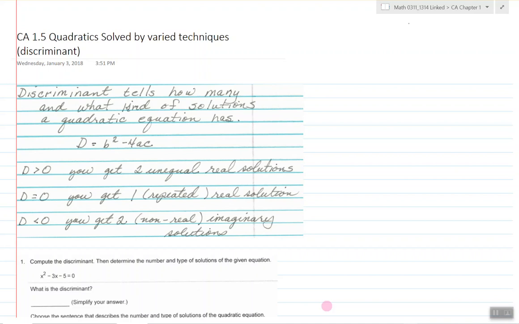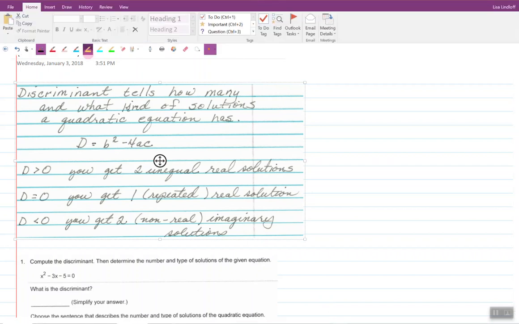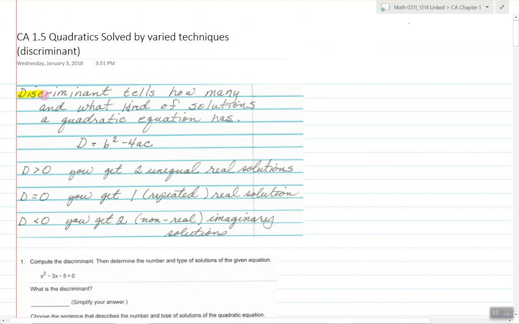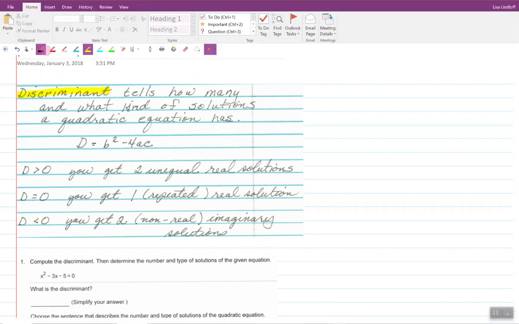In this final lesson on solving quadratic equations by a variety of techniques, we're going to start out and talk about something called the discriminant. It actually comes from the word discriminate, which is to differentiate based on characteristics.